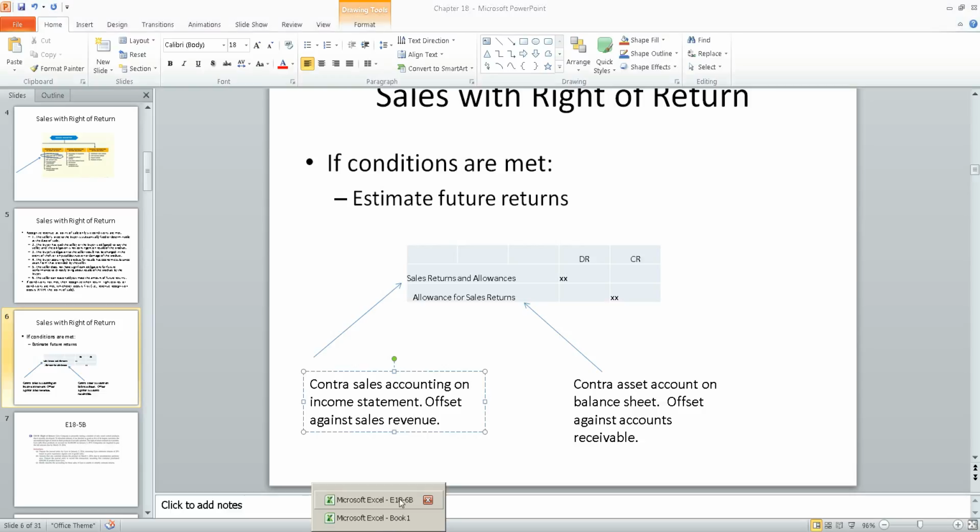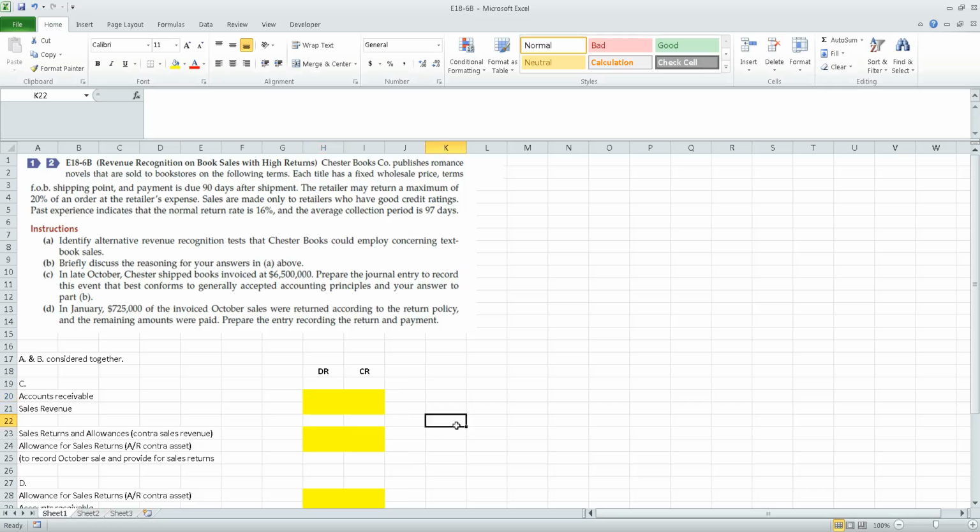So let's go back now to the facts of the problem in the spreadsheet, and let's go ahead and book the entry. So the amount of the sale that took place was $6,500,000.